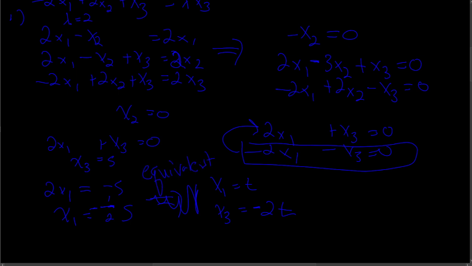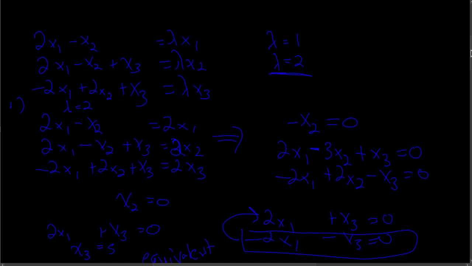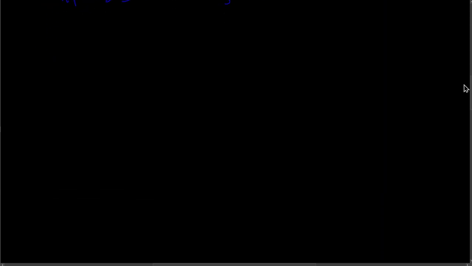But let's look at the case when lambda equals 1. So I'm going to rewrite these equations, but with lambda equals 1. So I have 2x1 minus x2 equals x1. I'm going to have 2x1 minus x2 plus x3 equals x2.